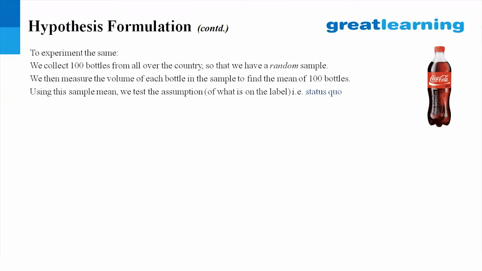This assumption is called the status quo. So in simple terms, what is mentioned on the label, that the volume is 600 ml, is the assumption that we are making. Why is it an assumption? Because we haven't tested it yet. But whatever is being claimed, whatever is being assumed, is what we call the status quo. What everyone believes is true is called the status quo.